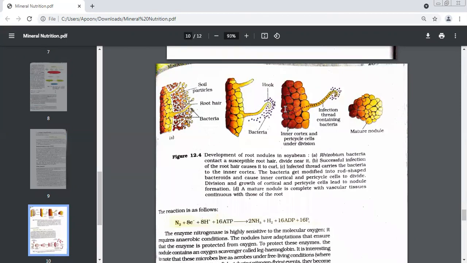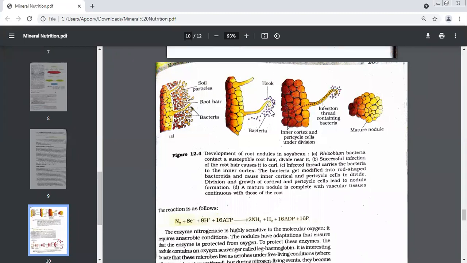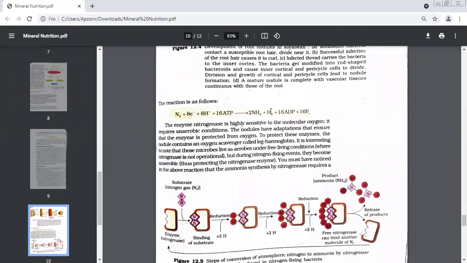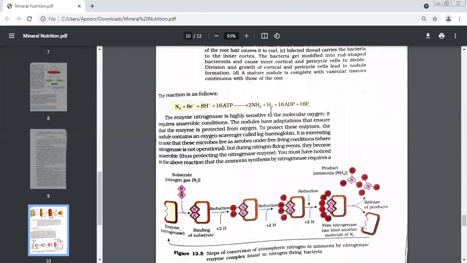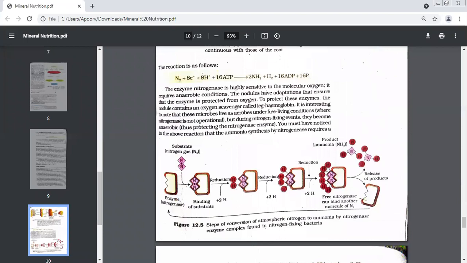Ammonia. Very good. Till here, if everything is okay, I think then this figure is also clear. What is this? Inside the root hair, what do we call this? Infection thread. Very good. And here your root hair has become curled. So this part is clear. Now see this. A bit complicating. Now the last topic of the chapter, a little typical to you, but you'll understand, it's not easy.